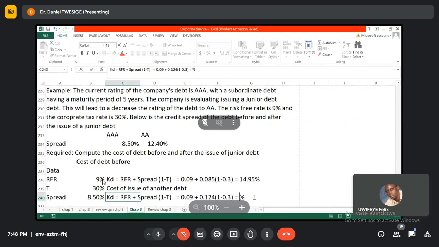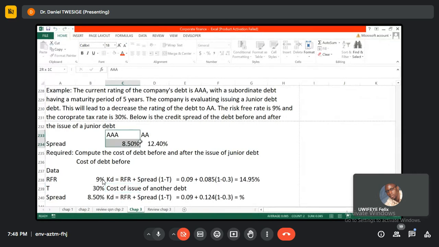So what about after the issue of another debt? Which one? The junior debt. Maybe we don't understand the theory behind. Before issuing the debt, this is the rating.